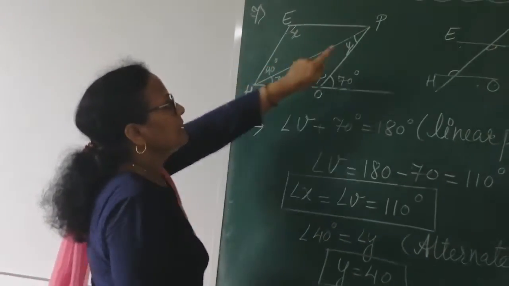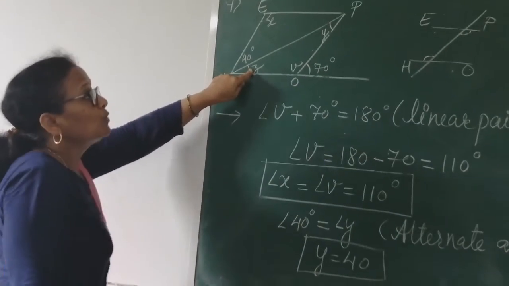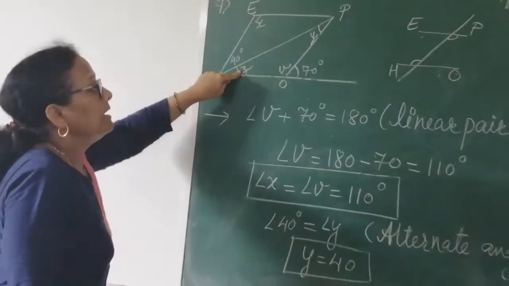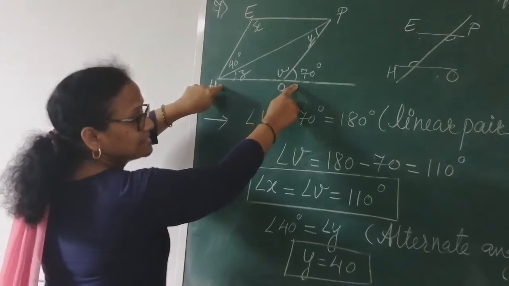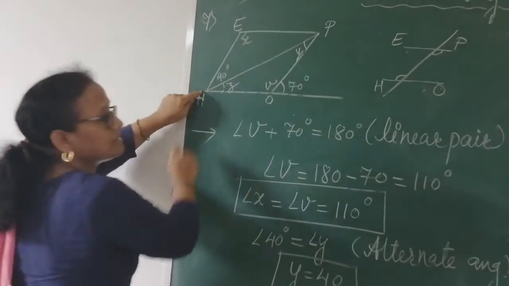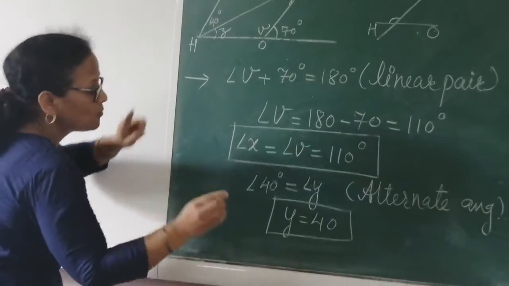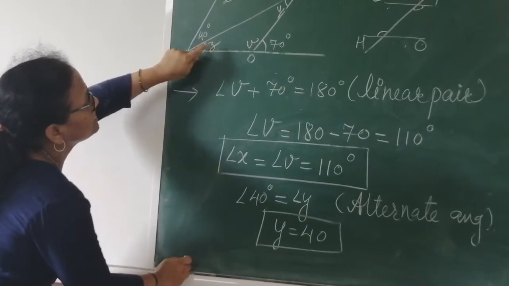Now at this, 40 you got, this 40 you got, now we have to find out the value of Z. To find out the value of Z, directly you can consider this as the adjacent angle, or directly consider this as a triangle. So here first of all, two methods I will explain to you to find this.